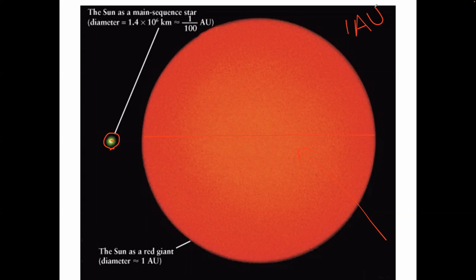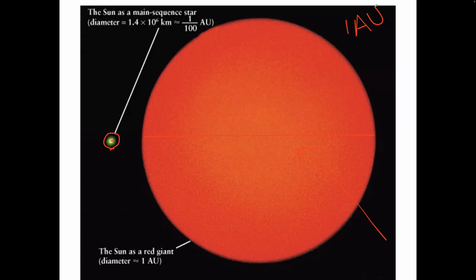Now, this is why we are more concerned about these evolutionary phases of the star, because if one day our sun becomes a red giant, its diameter will become around 1 astronomical unit. So that means the sun will touch the surface of the Earth, right? So there will be no distance gap when this happens, right?